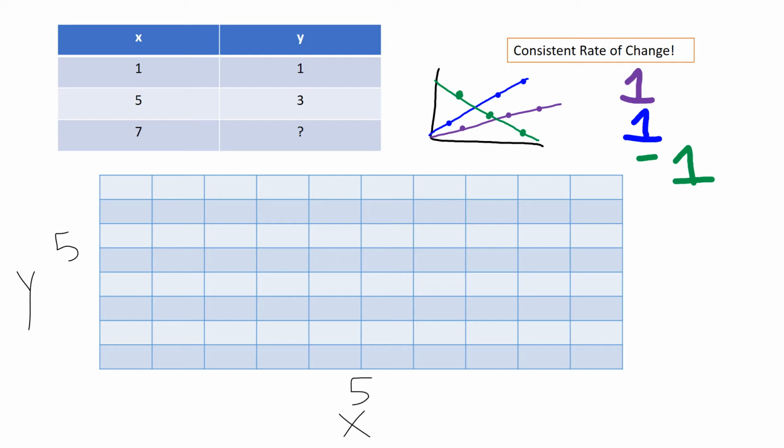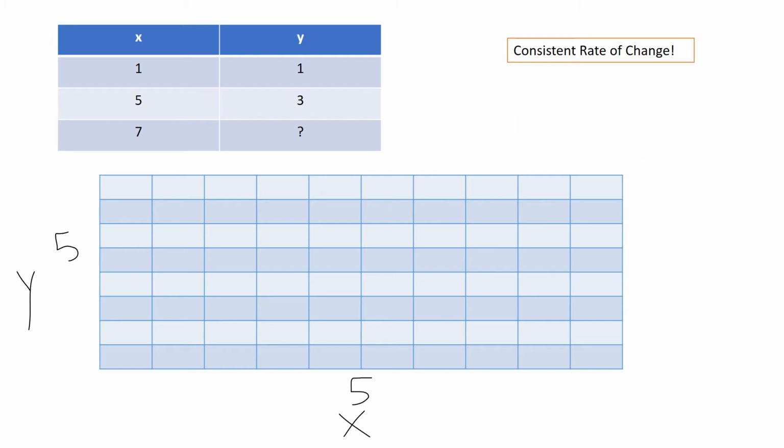So you might have a question like this, and you have to find the y value that makes this a perfect correlation. So what you want to do is you can draw the plot if you have graphing paper and find what the next one would be.